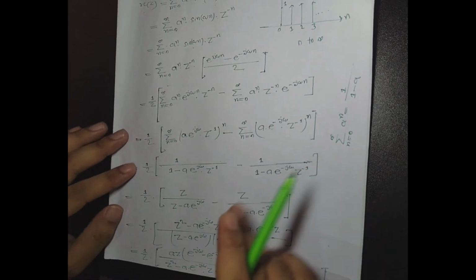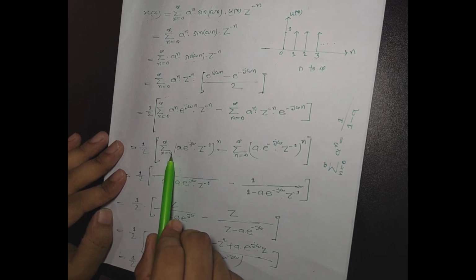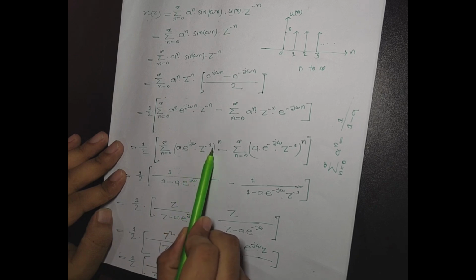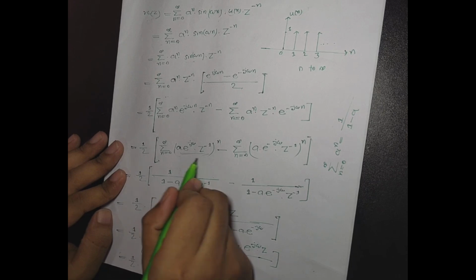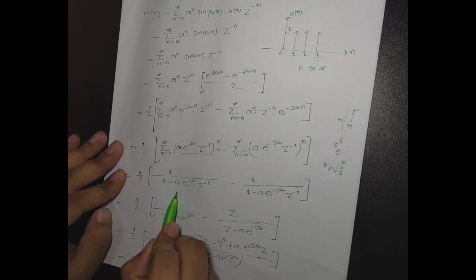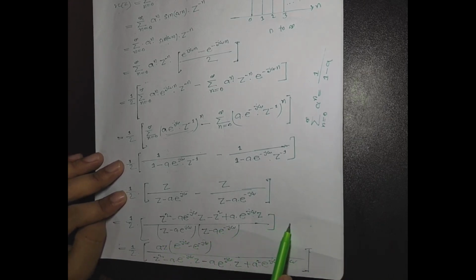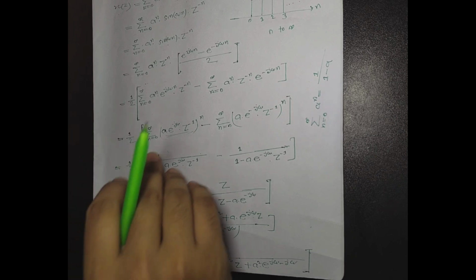That means summation of n equal to 0 to infinity of (a e^(jω) z inverse) to the power n. We can write this formula, and finally solve by simplification line to line.